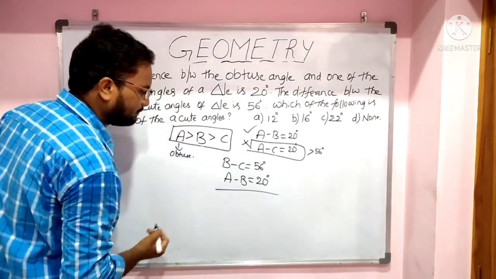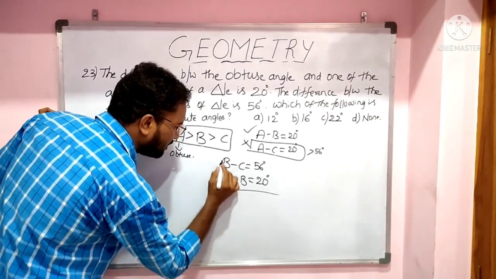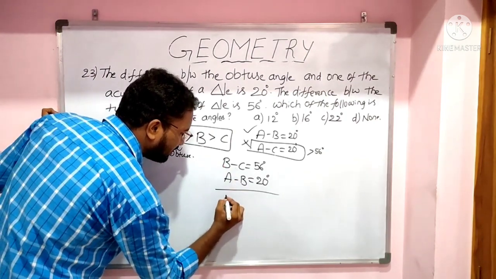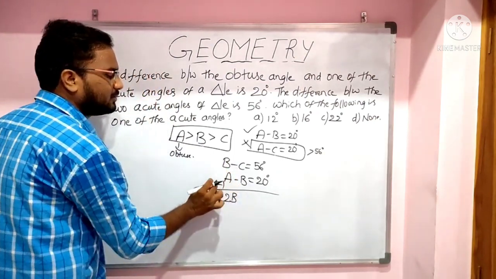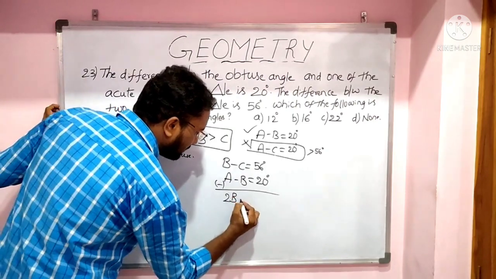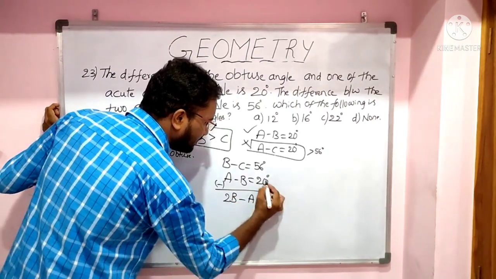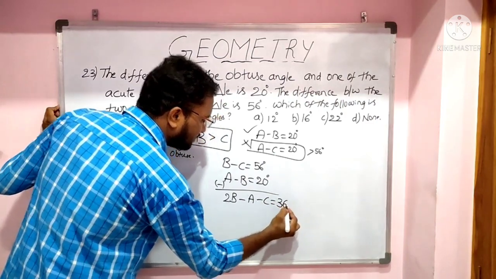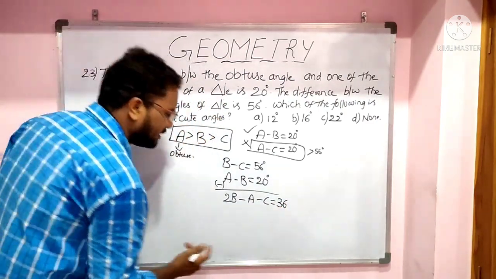So from this, if you subtract these two, B plus B, 2B, minus A minus C equal to 56 minus 20, which is 36. This is a triangle, and in a triangle the sum of the angles is 180 degrees.